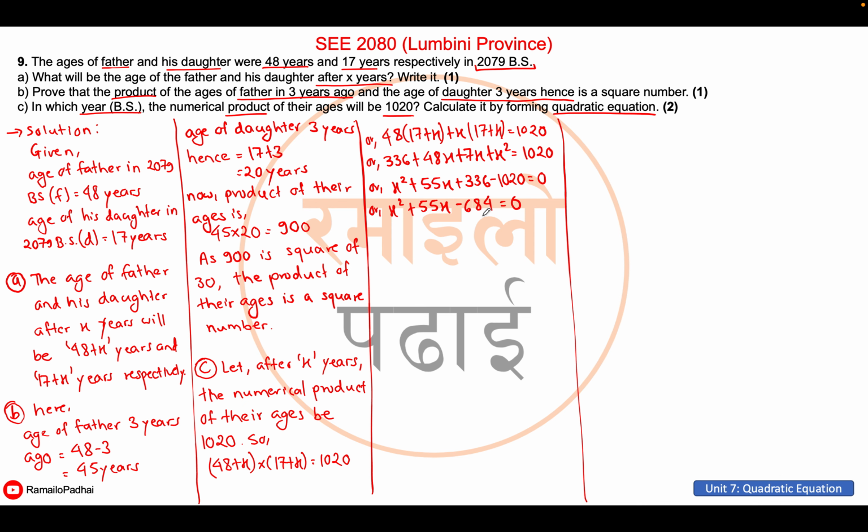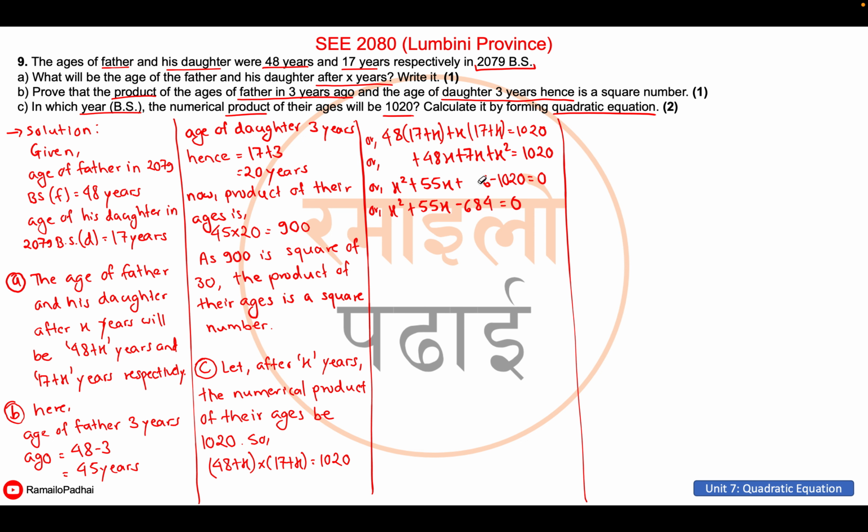What am I missing? Okay, I need to find what is the mistake here. In which year the numerical product of their ages will be 1020? So after some years their numerical ages will be 1020. Oh, 48 times 17 is equals to 816, not 336. I just multiplied 48 times 7. These blunder mistakes will kill me someday.